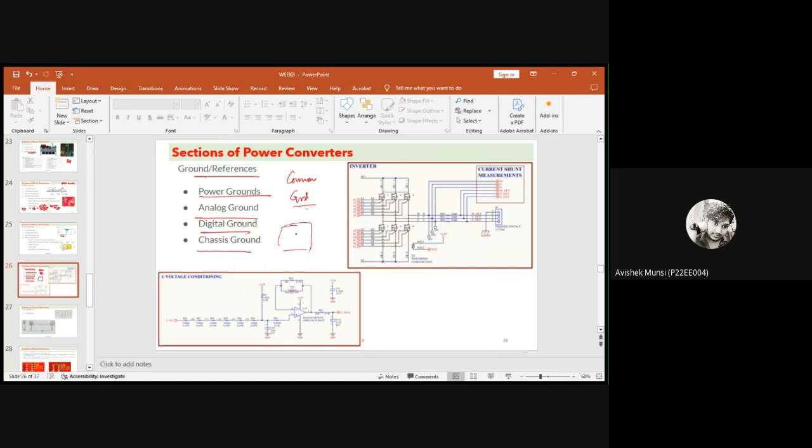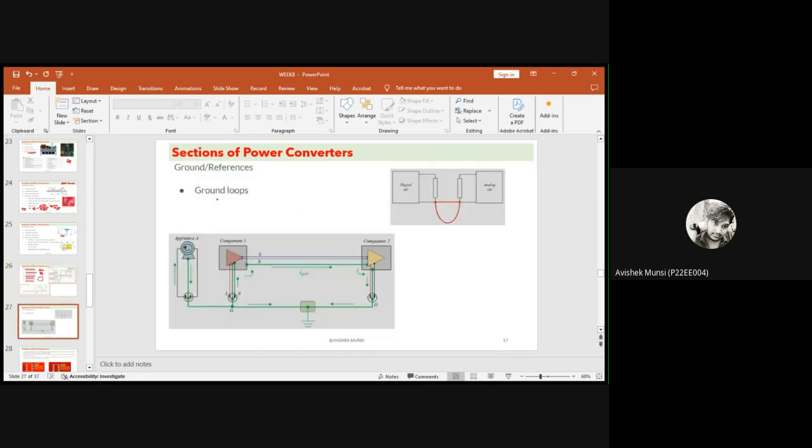You should put the ground loop in a way so that the ground can come back. Otherwise there will be ground bounce: you're supposed to get zero at the ground, but you're getting some millivolts or volts, so ground bounce is introduced into the circuit.